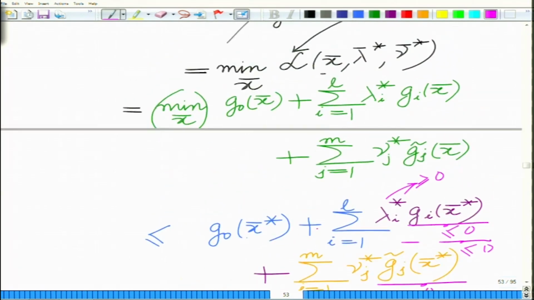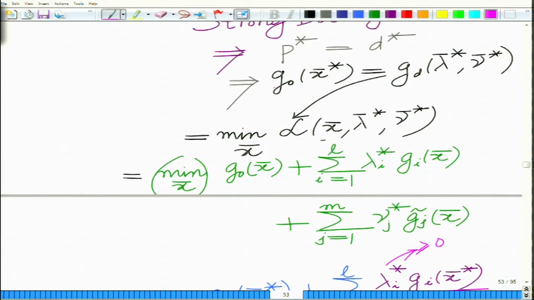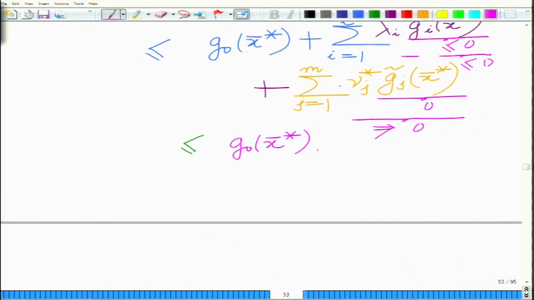And therefore, now you have a very interesting observation. You have started from g naught x bar star, you have ended with g naught x bar star, which are indeed equal.